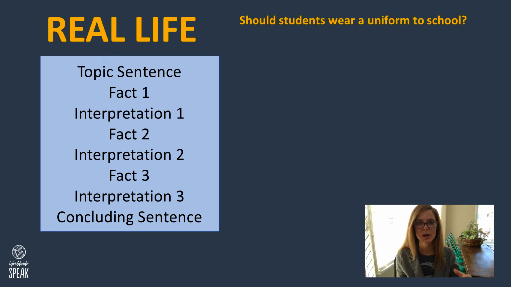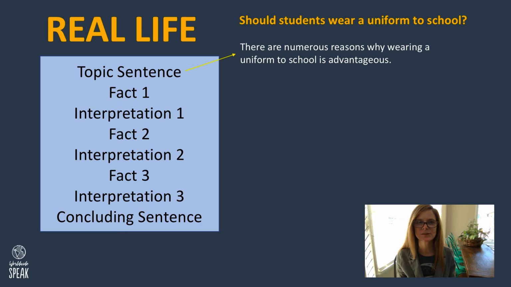All right, so I've shown you what the fact and interpretation looks like. Let's apply that knowledge to the prompt we are working on. Should students wear a uniform to school? Well, let's have a topic sentence. There are numerous reasons why wearing a uniform to school is advantageous.